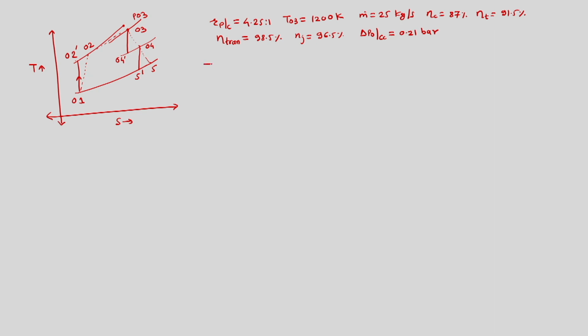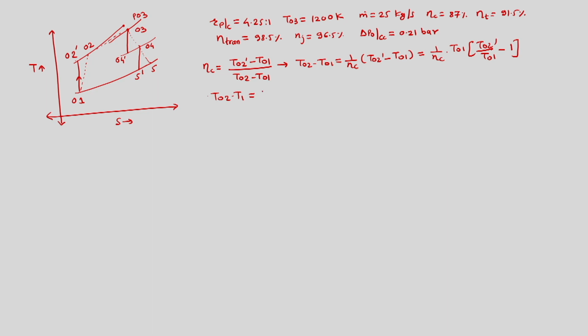We know the formula for compressor efficiency is T02 dash minus T01 divided by T02 minus T01, which leads to T02 minus T01 is equal to 1 upon compressor efficiency into T02 dash minus T01, which is equal to 1 upon compressor efficiency into T01 times T02 dash upon T01 minus 1, and then this is related with isentropic relation.